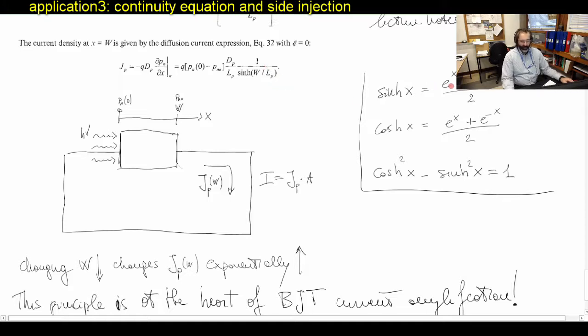So if W becomes smaller, this will become exponentially smaller, and 1 over something that becomes exponentially smaller becomes exponentially bigger. That's why this current is extremely sensitive to how big W is.